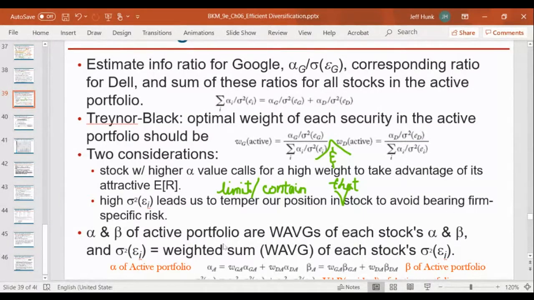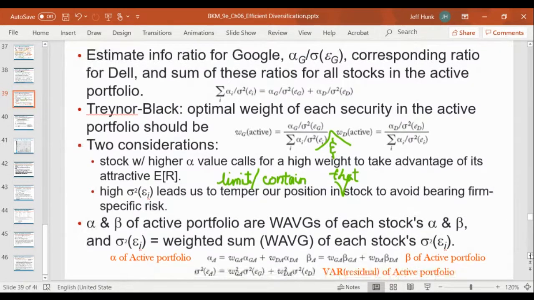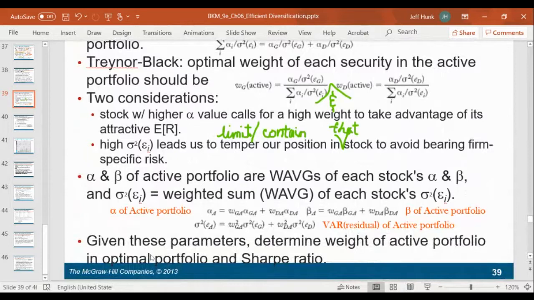The alpha and beta of the active portfolio are basically weighted averages of each stock's alpha and beta, and the residual variance of the active portfolio is the weighted sum, which is the same thing as a weighted average, of each stock's residual variance.